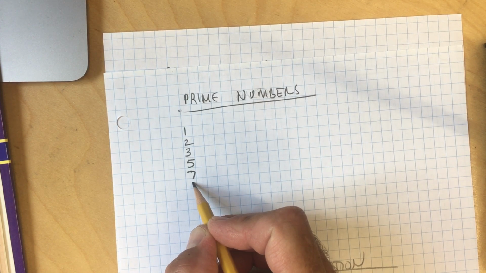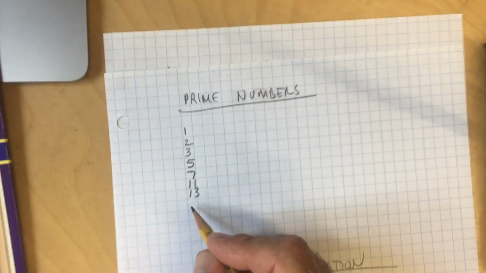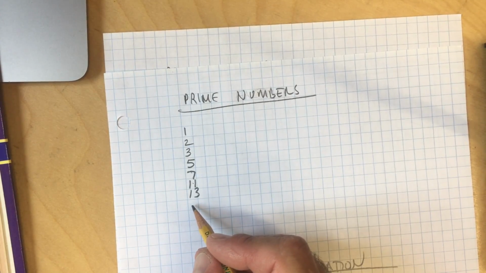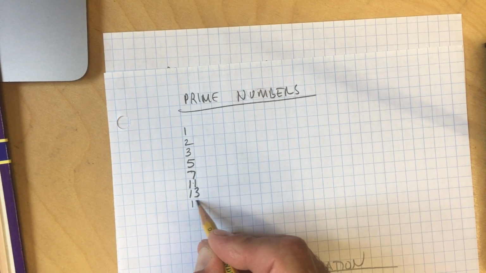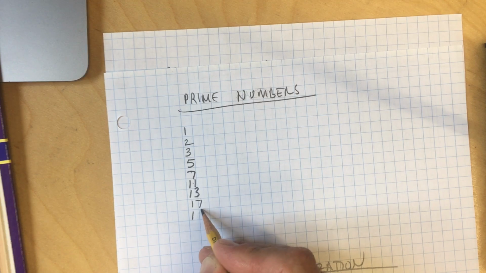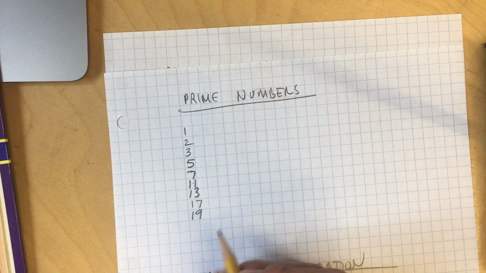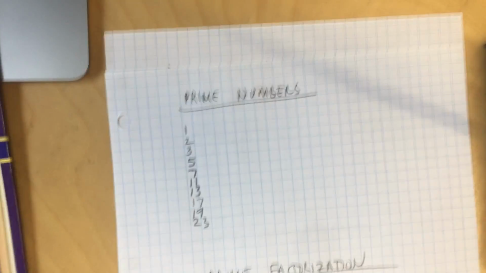So at this point, any even number is not prime. 9 is not, 3 times 3. 10, 2 times 5. 11 is prime. 12 is not. 13. 14, 15, 16, 17 is prime. 18 is not. 19, 20, 21, 22, 23. So you can continue going. These are all prime numbers.